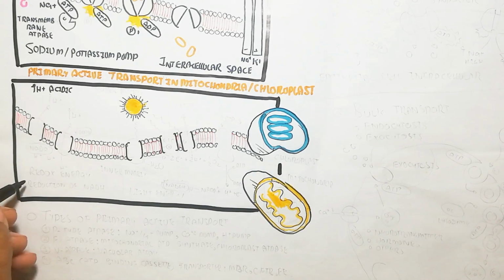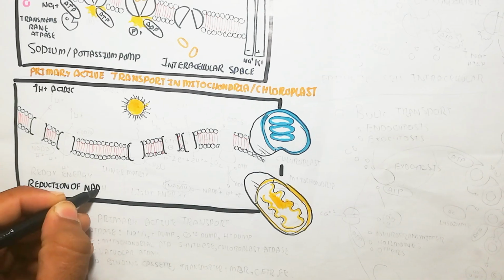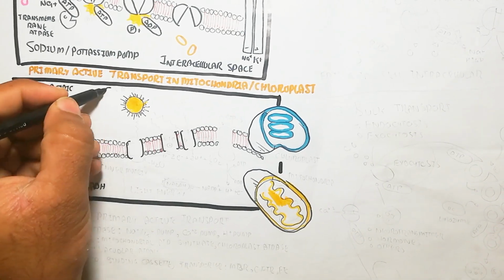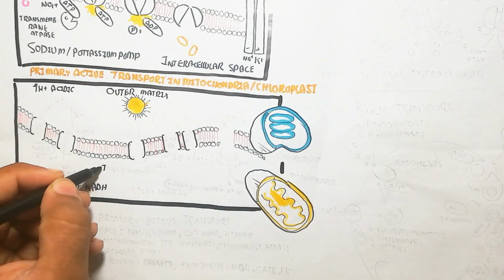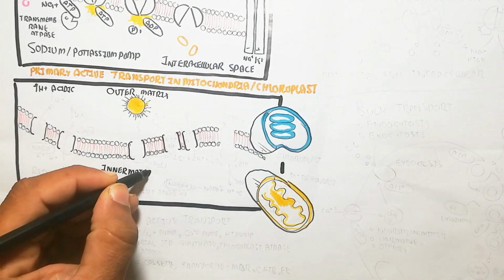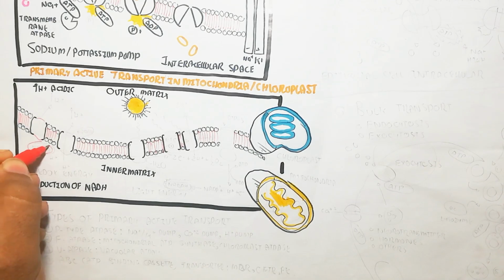The NADH dehydrogenase enzyme pumps out the proton through the mitochondrial channel protein.